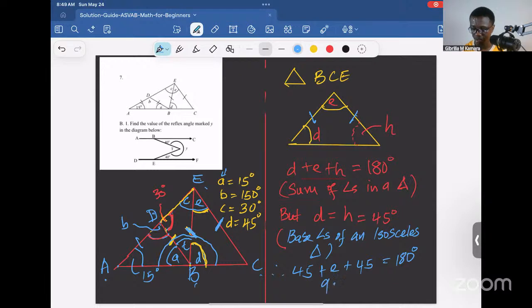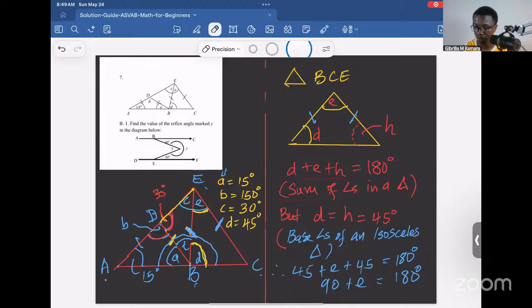So we have 90 plus E equals 180. We are in need of E. What do we do? We subtract both sides by 90.